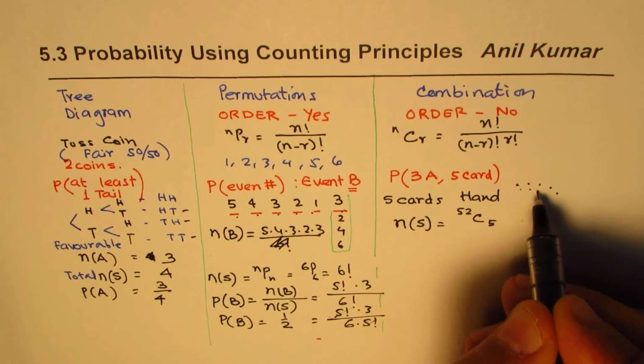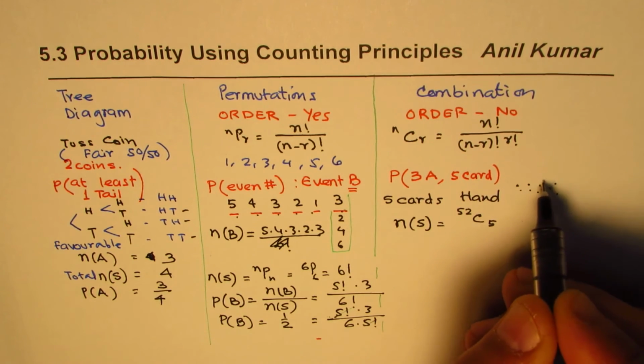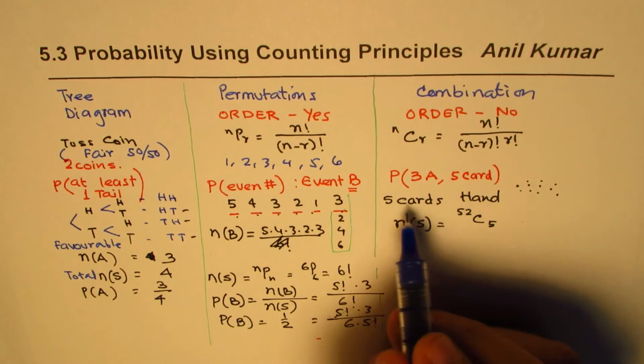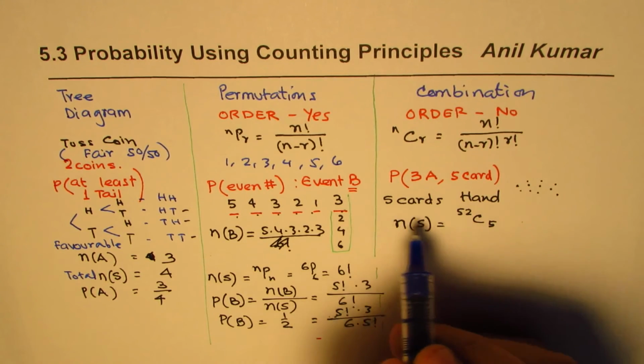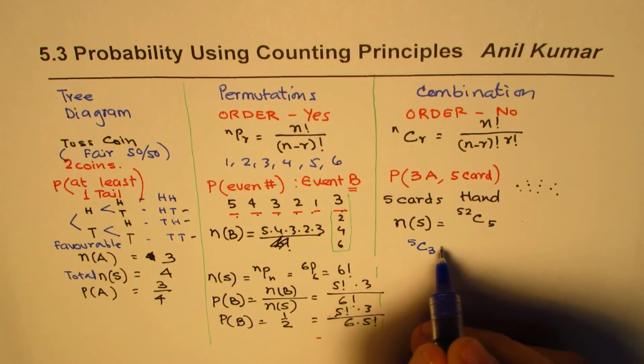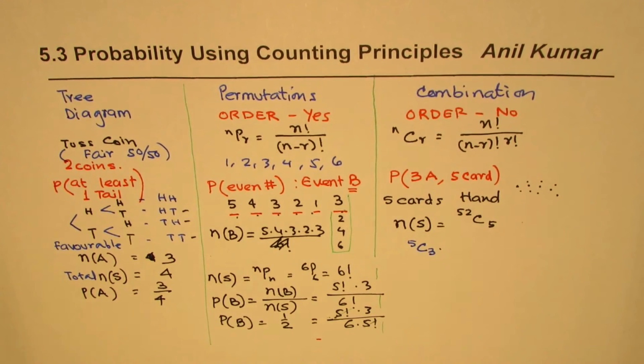Now these aces could be anywhere, any three places, correct? So the way to select three aces out of those five cards, we want three aces. If we have three aces, the other two cards are different, right?